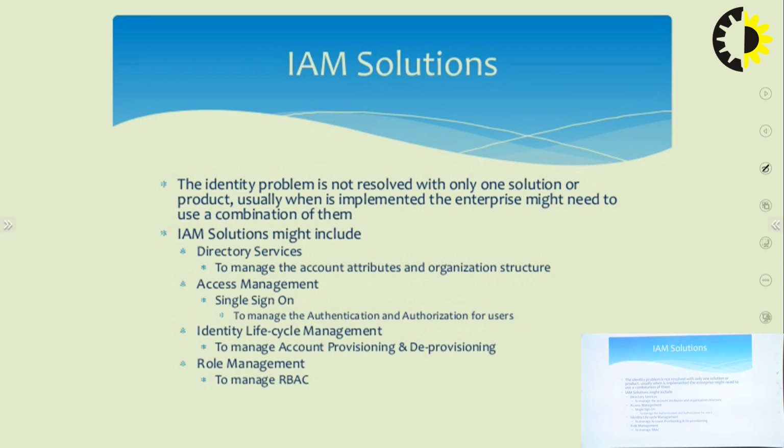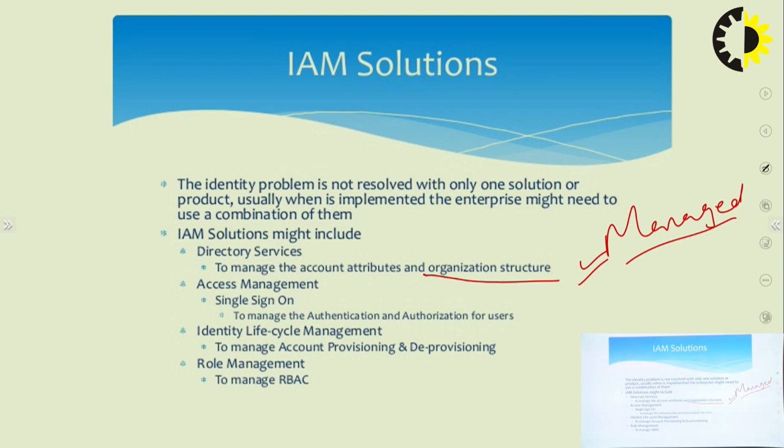Now, what are those different types of solutions? They include, first, the directory services to manage the account attributes and the organization structure. So the structure of the organization needs to be properly managed. If the structure of the organization is not properly managed, then there can be an issue.